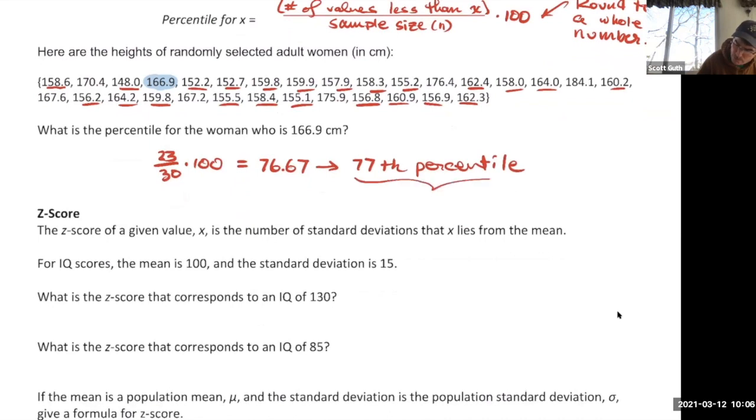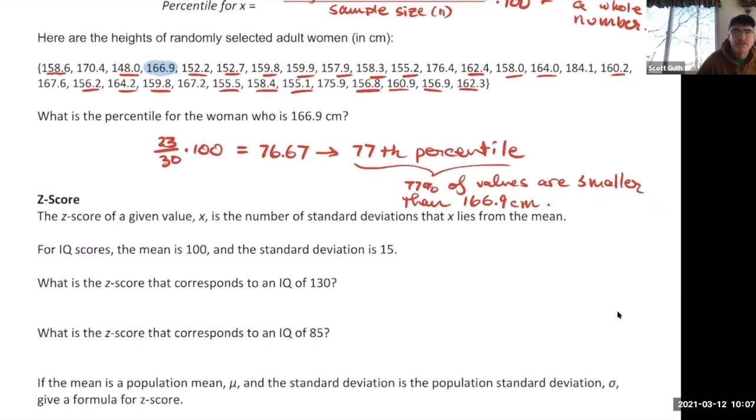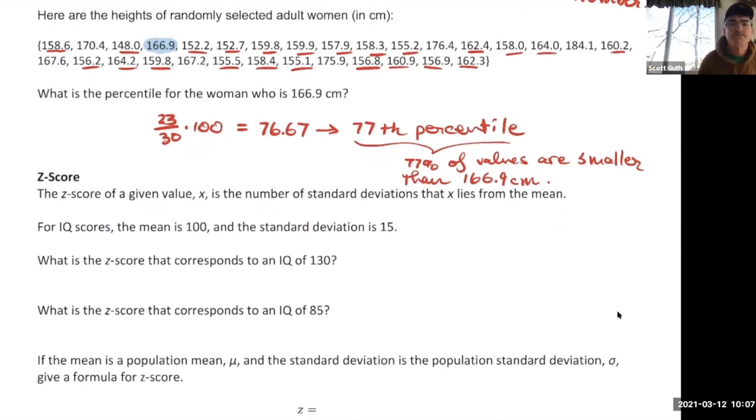So we could say 77% of values are smaller than the given value, 166.9 centimeters. And these are whole numbers; they're actually ordinal, like first, second, third, 77th. Okay, that's how you do that. Any questions?